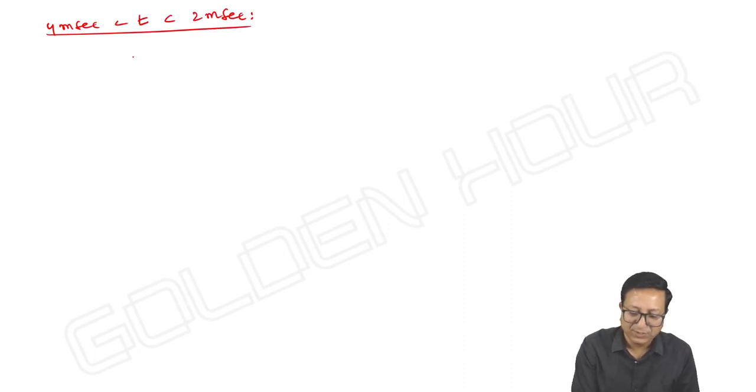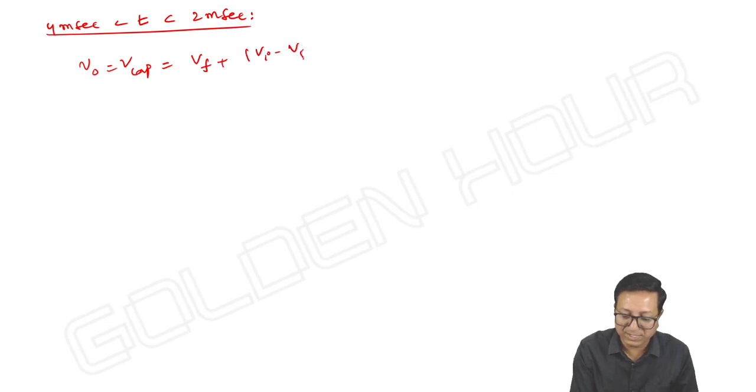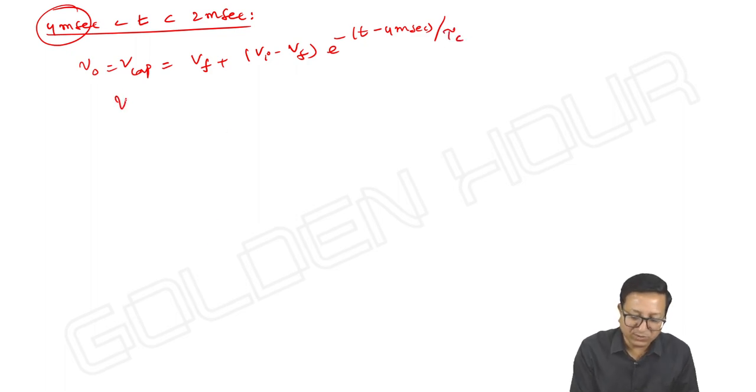For 4 milliseconds less than t less than 6 milliseconds, again V output or V capacitor is equal to V final plus V initial minus V final into e power minus (t minus 4 milliseconds) by tau c.